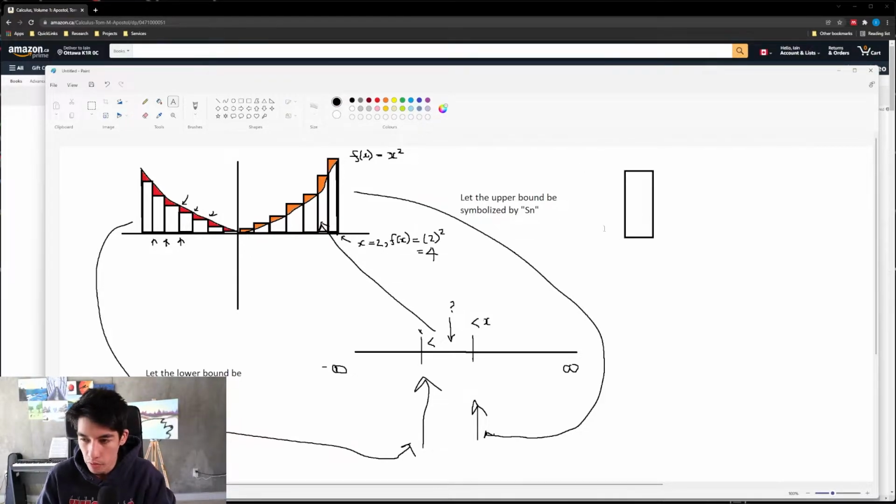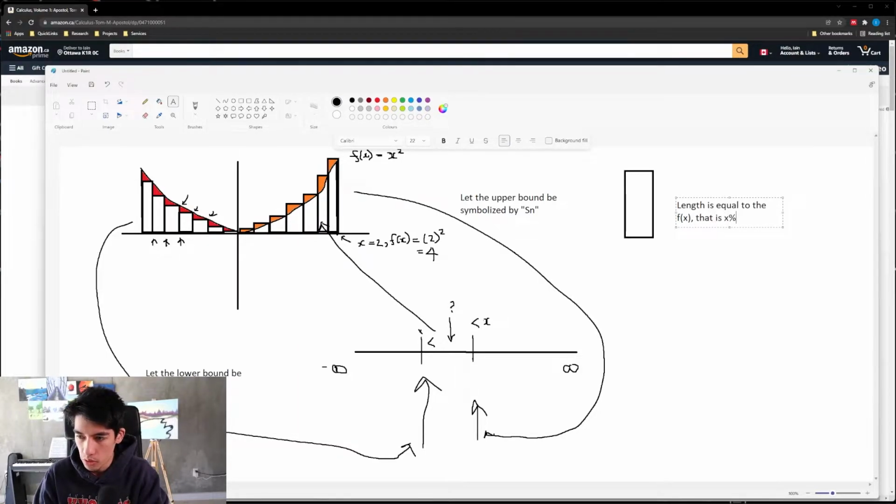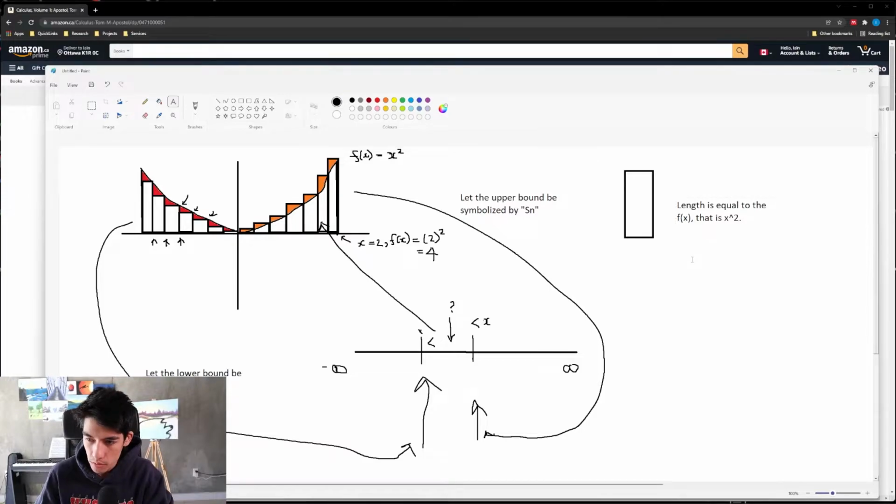As we were saying before, the length is equal to f of x, that is x squared. And the width, there's this question of what is the width? We need to define that.